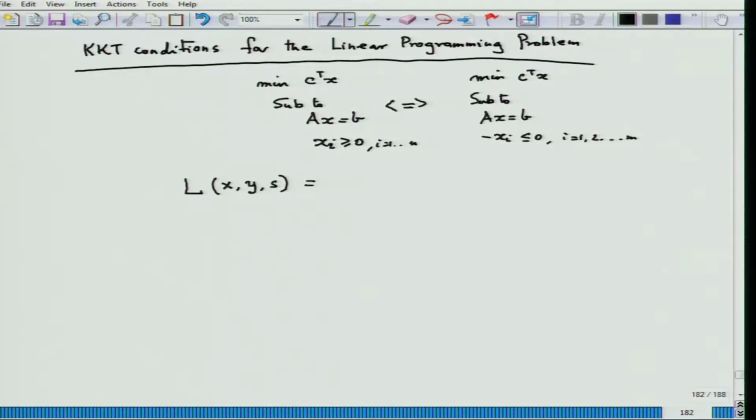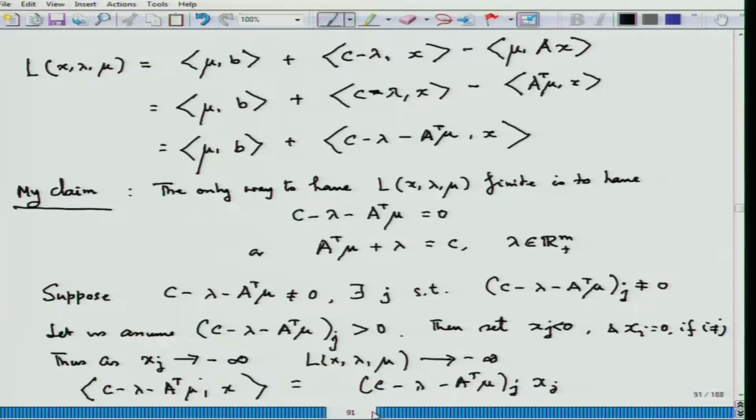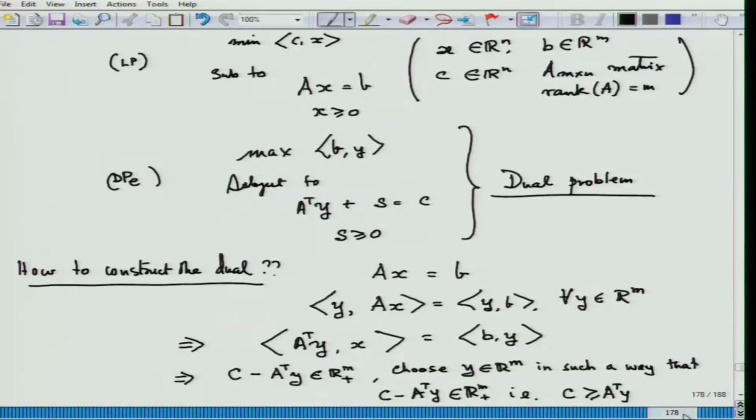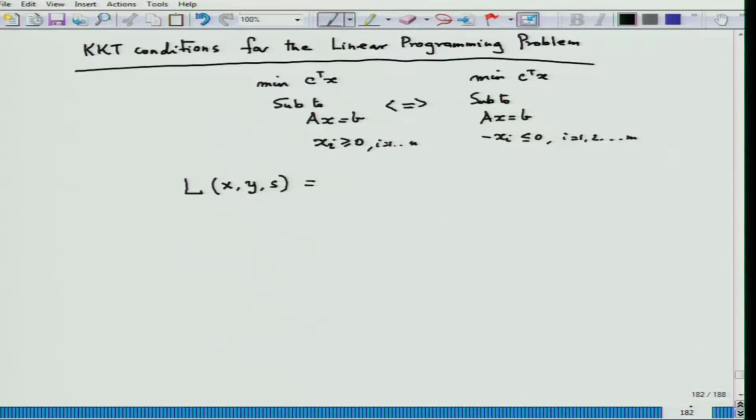In this case, let us go back and see what sort of Lagrangian we had constructed. This is the sort of Lagrangian we had constructed, where the minus x_i's are taking this place, and this is the way we have constructed the Lagrangian. So, we come back here to our study. Instead of lambda I am putting s here, because the Lagrangian multiplier associated with this is nothing but the dual slack.